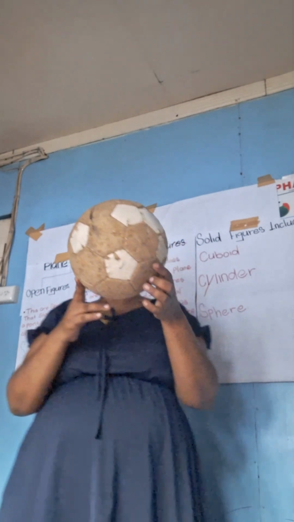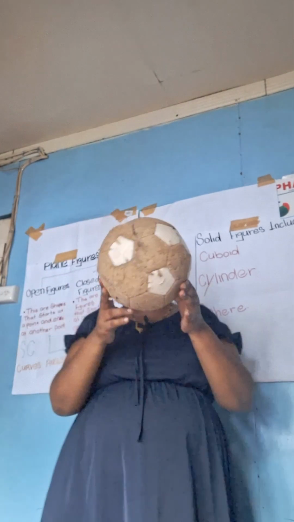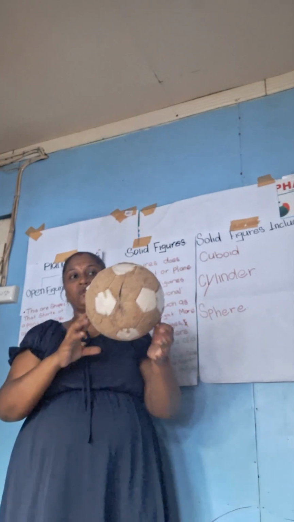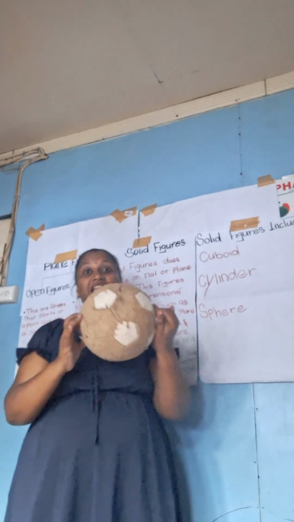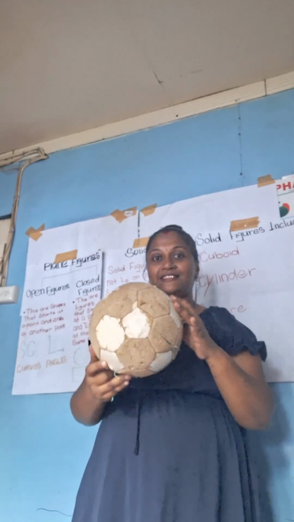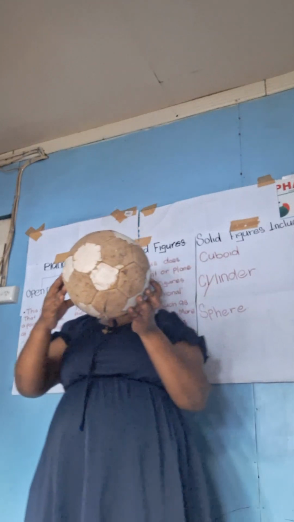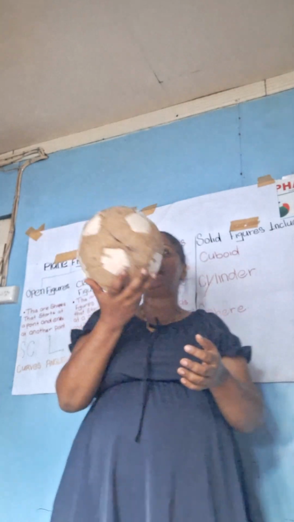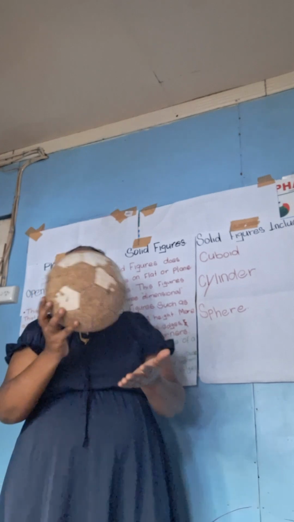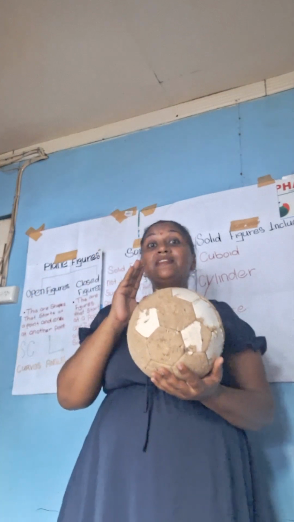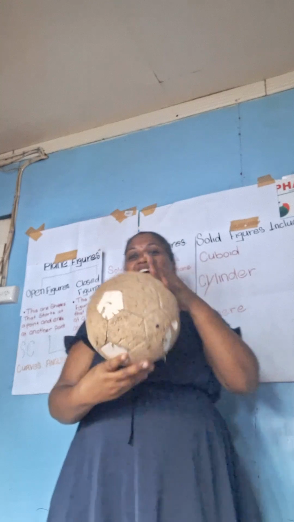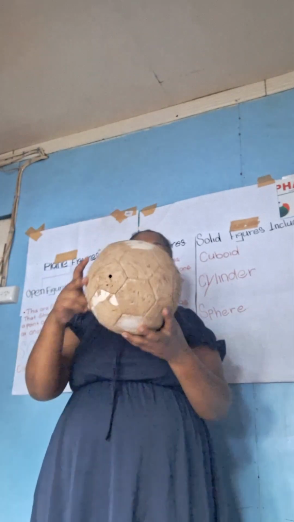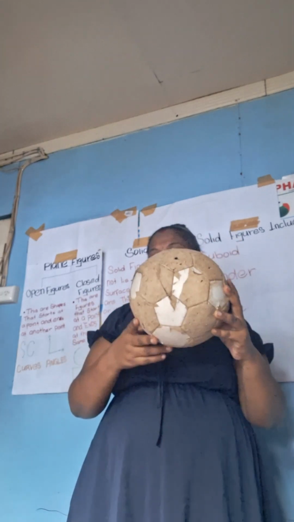No, there are no edges. How many corners or vertices do you see? None. There are none. Right? How many faces? 0. There is 1. Right? There is only 1 face. You can see it's only 1.